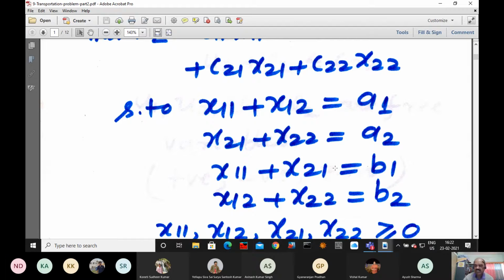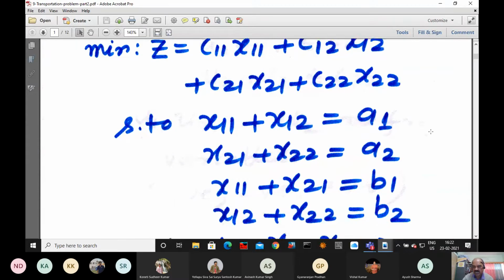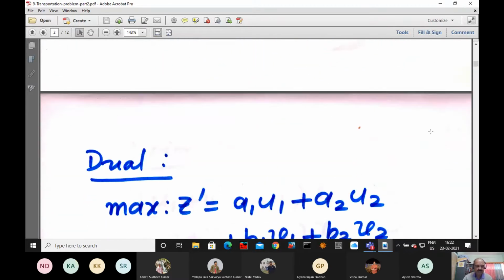This is actually a problem of minimization type, so the dual problem will be maximization type. If I directly write it, it is difficult to understand, so I will explain how we have got it. The dual is maximization type.